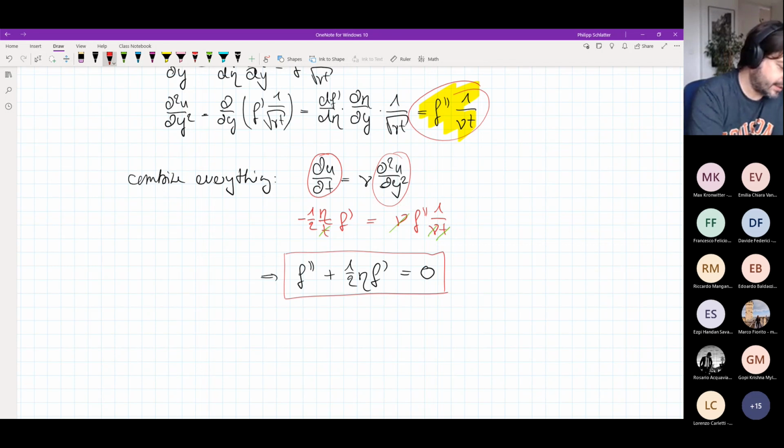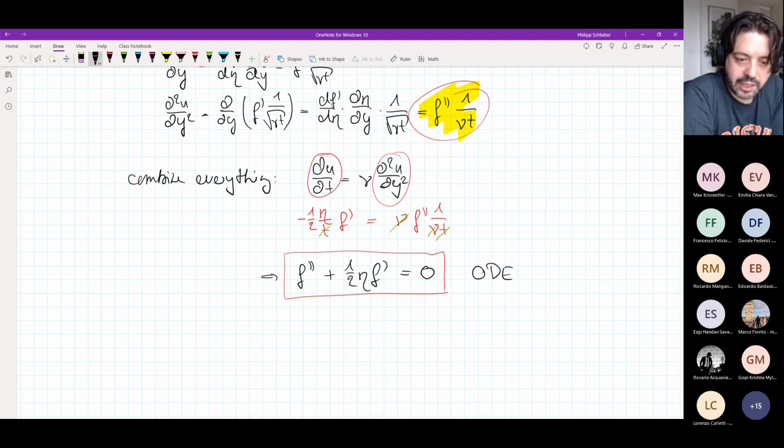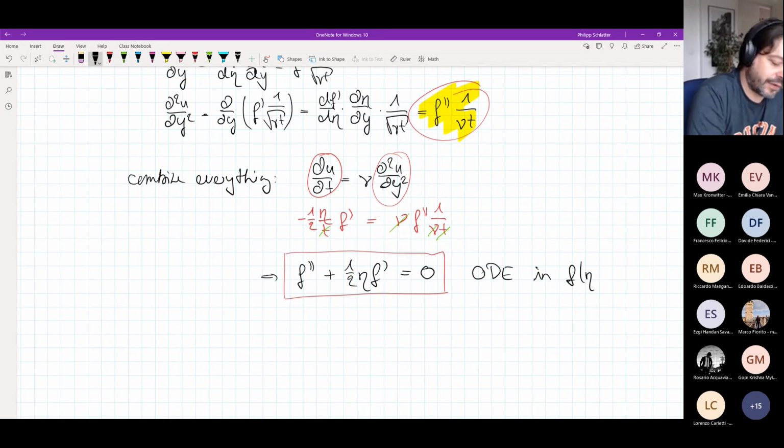Now, this is actually a very interesting result. Because this is now an ODE, so it's not a PDE anymore, it's an ODE, and it is written entirely in f of eta. And as prefactors of this f, there is only eta left.